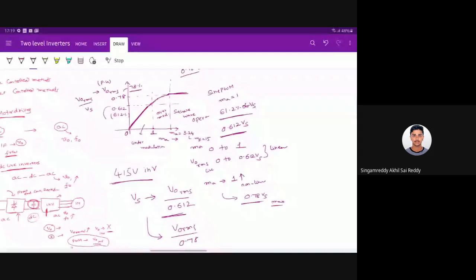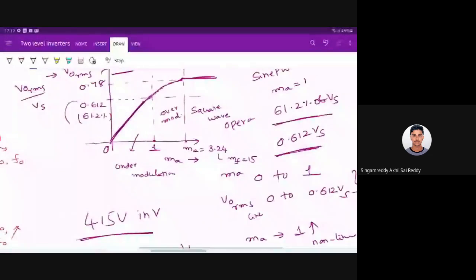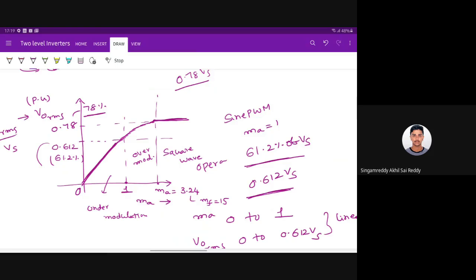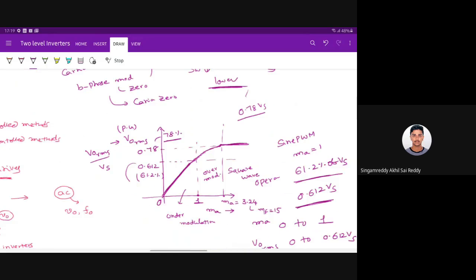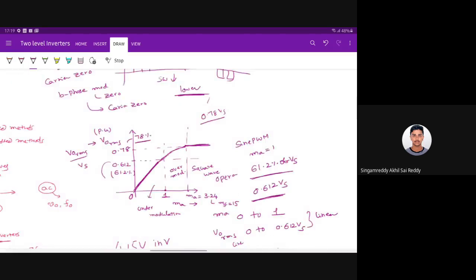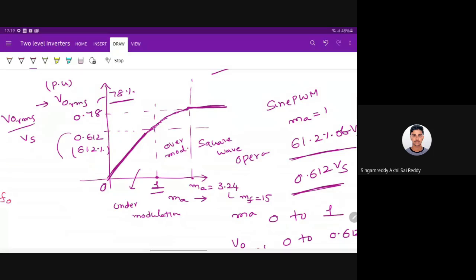If we see graphically, for x equal to 1, y also should be 1. The x coordinate is MA, which is 1. Then as it is a linear line, y should also be a similar magnitude.